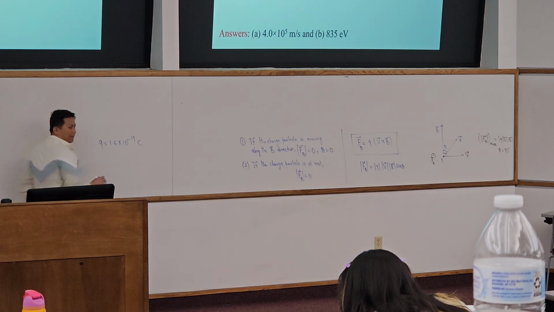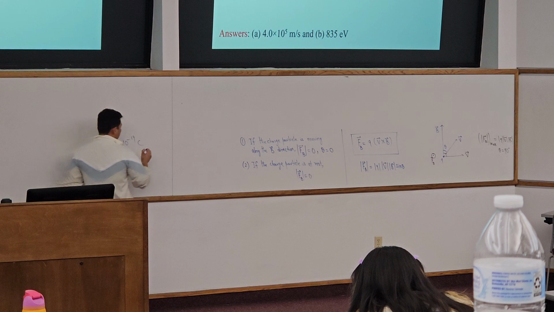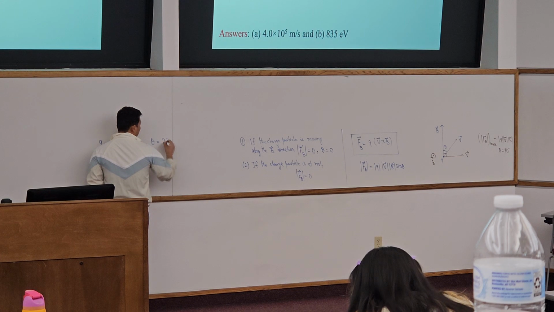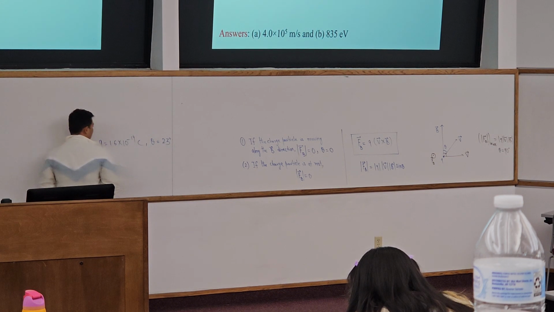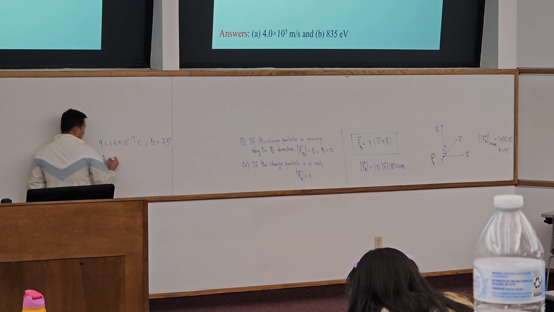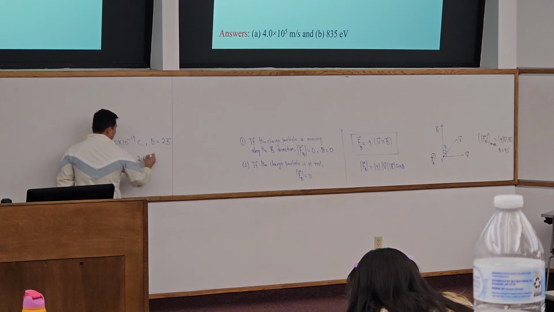And it is traveling with some speed, but the angle is 23 degrees with respect to the magnetic field direction. The magnetic field B is 2.6 millitesla, which is 2.6 times 10 power minus 3 Tesla.